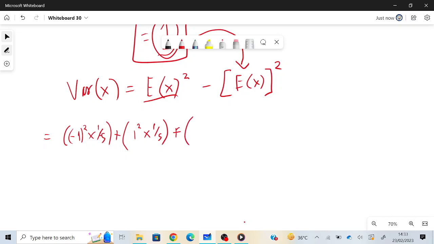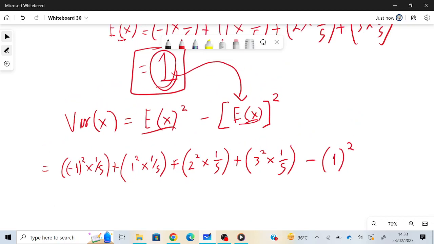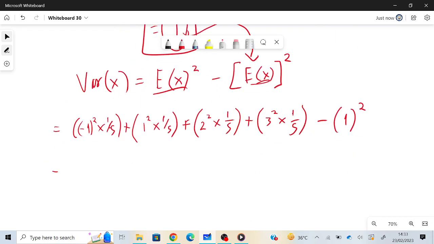Plus 2 squared times 1 over 5 plus 3 squared times 1 over 5 minus 1 squared, because our expected value over here is 1, as we got from part I, and we'll just square that, subtracting it. So go ahead and put this into your calculator again.